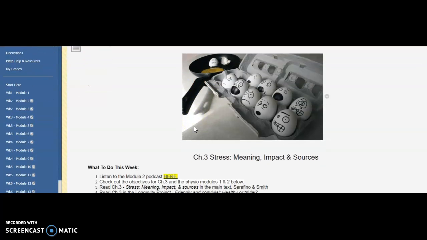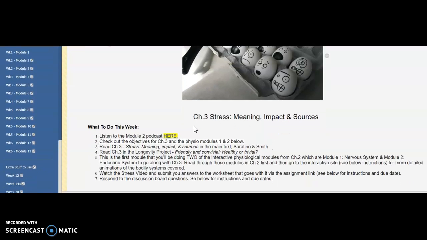Module 2, we're going to be covering chapter 3, stress, the meaning, impact, and sources of stress. And we will also be covering part of chapter 2. If you recall from the syllabus, chapter 2 breaks down into different modules itself, which pertain to the physiology of the body.